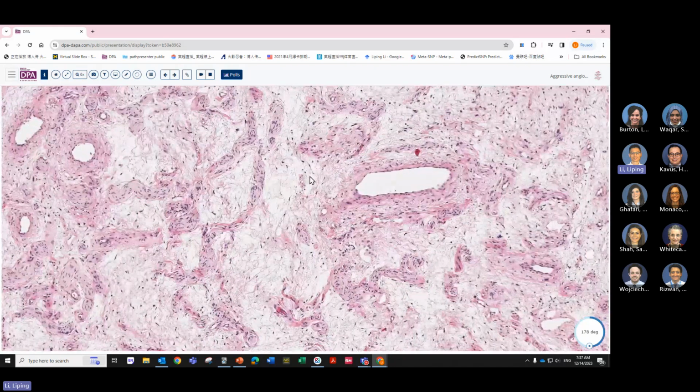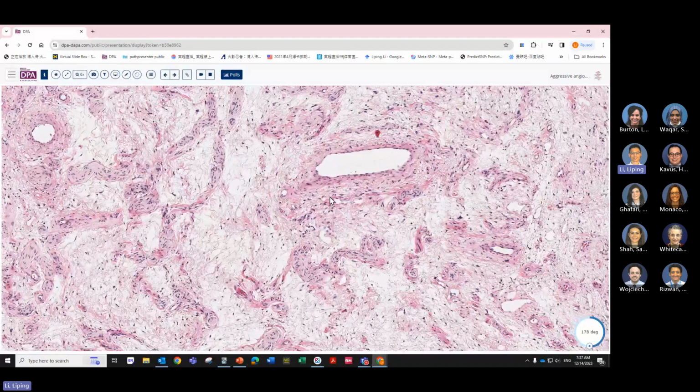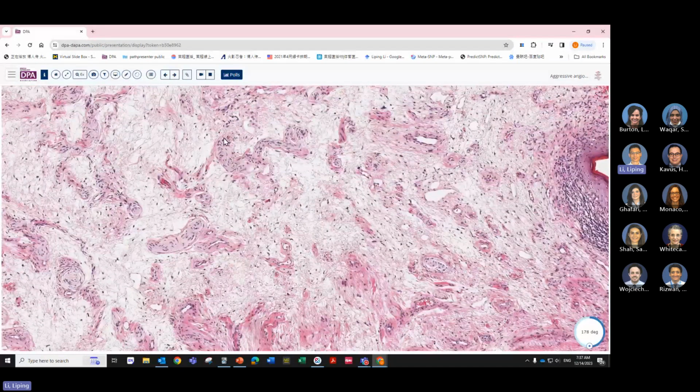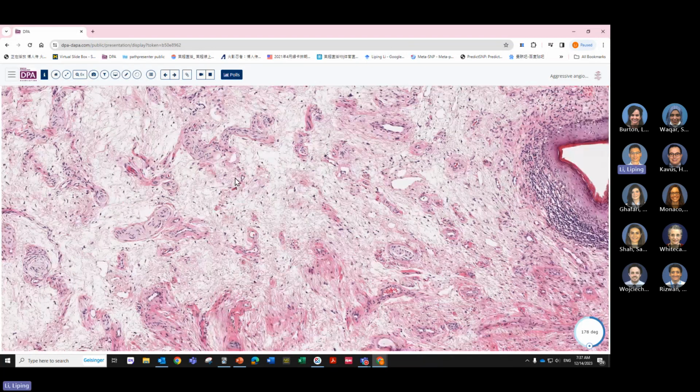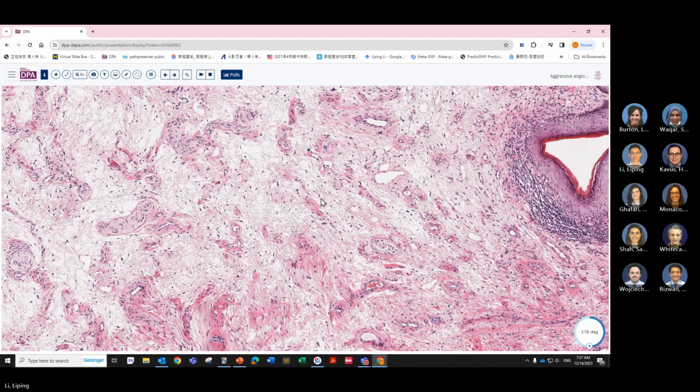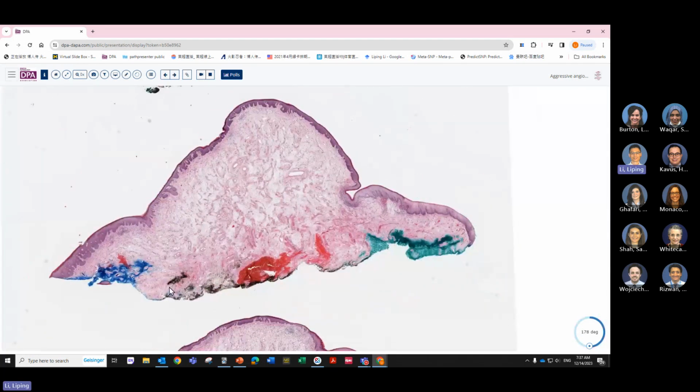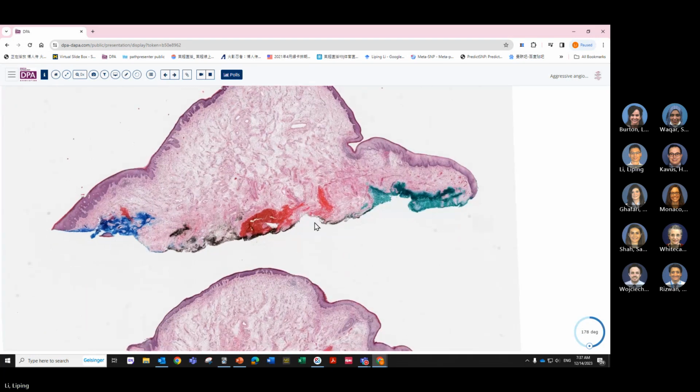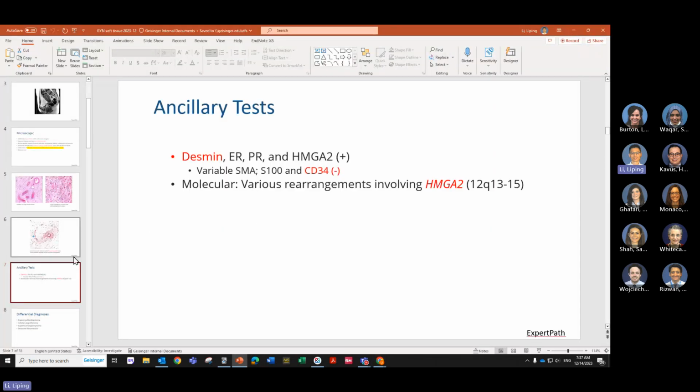And here we can see this small muscle bundle, we call the myoid bundle. And it is really deep; you can see at the margin that the lesion has not ended. Okay, let's continue.